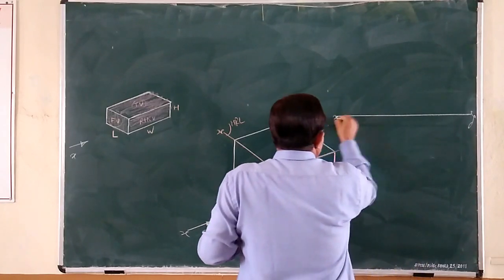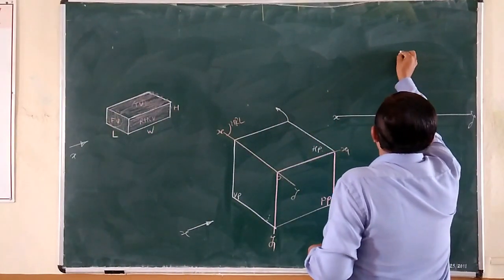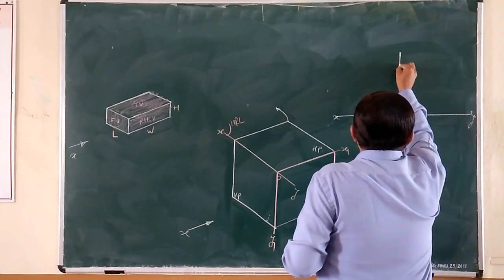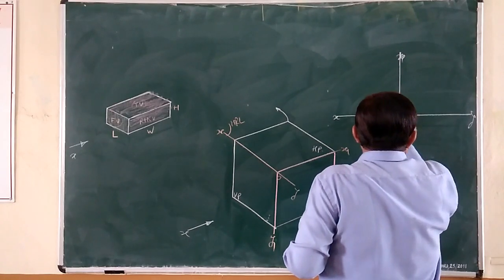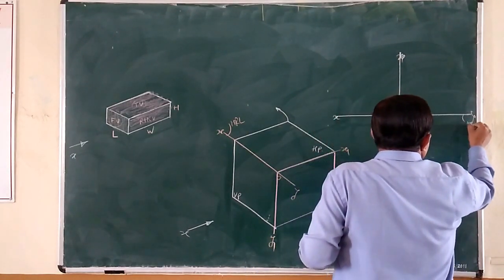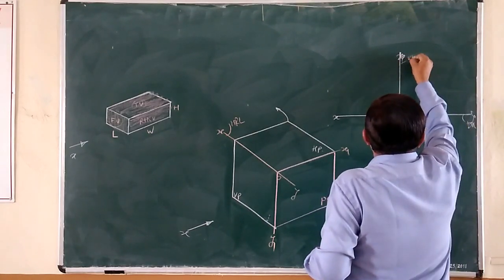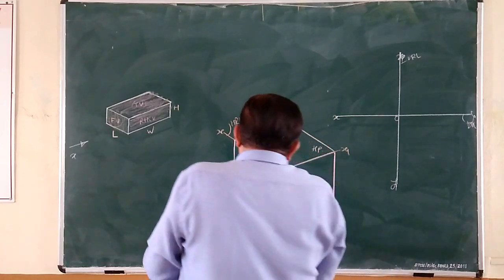Suppose this is HP and X1 O Y1 is VP. This is HP and this is vertical plane VP. Okay, now just observe.